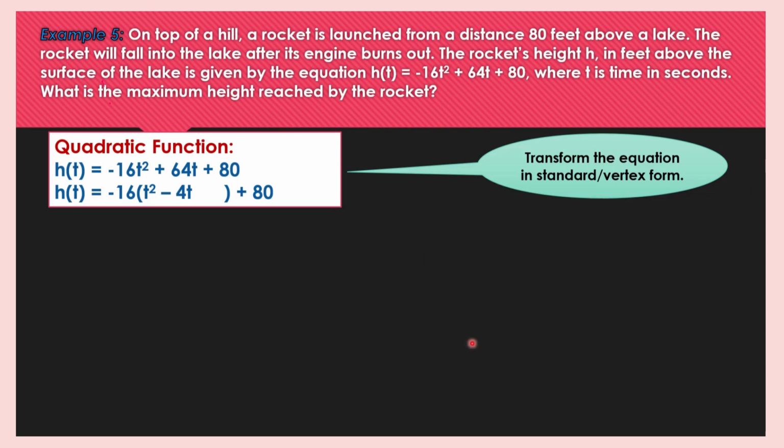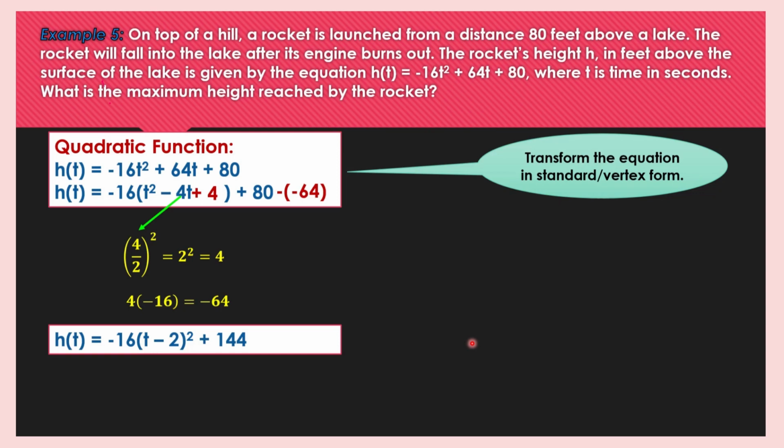Then get half of 4, so that is 2, and then square it. The answer is 4. And this 4 will be multiplied by a, which is negative 16. So 4 times negative 16 is equal to negative 64. The 4 is added inside the parentheses, while the negative 64 is subtracted outside the parentheses.